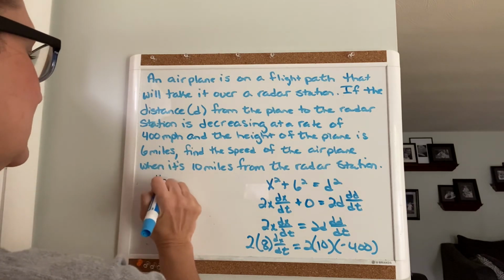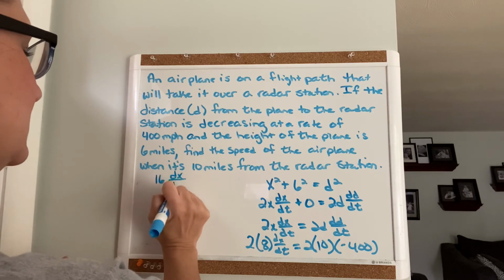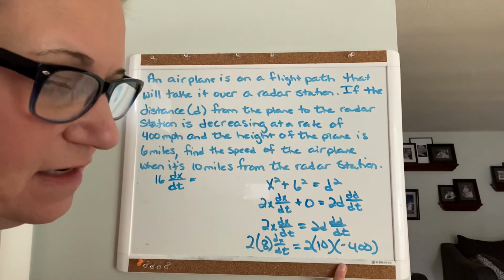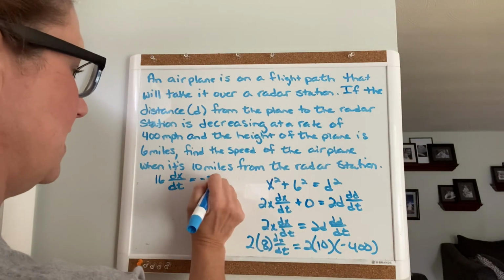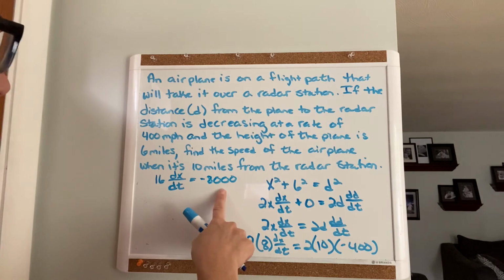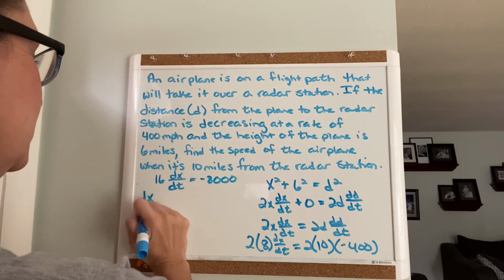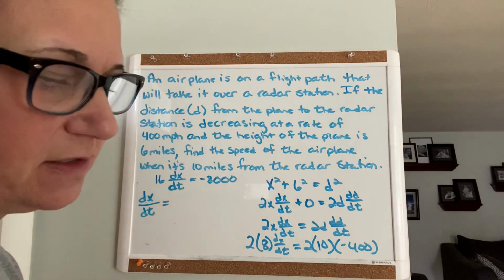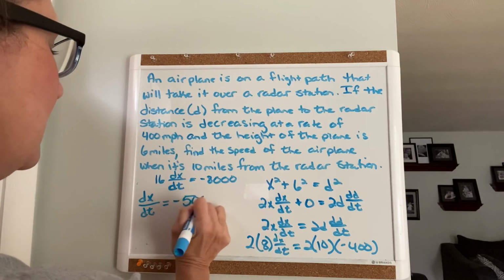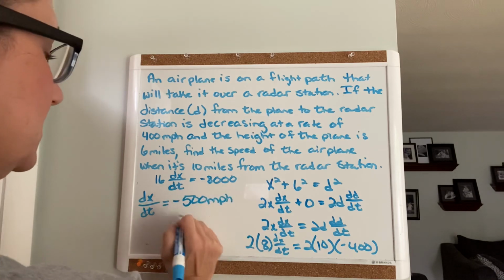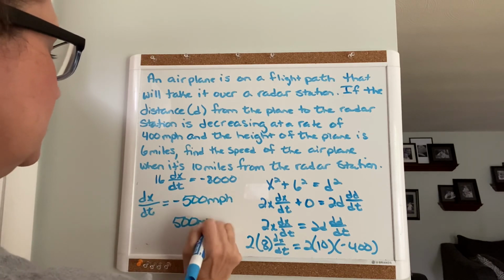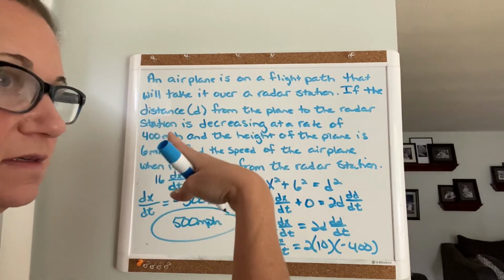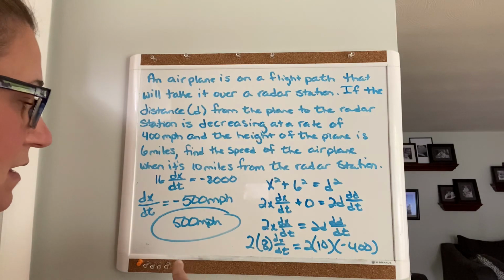You get 16 dx/dt equals 2 times 10 times negative 400, which is negative 8,000. And if you divide both sides by 16, you get the change in x with respect to time, or the speed of the airplane, is going to be negative 500 miles per hour, but you have to take the absolute value of that. So it's just 500 miles per hour because the distance was decreasing.